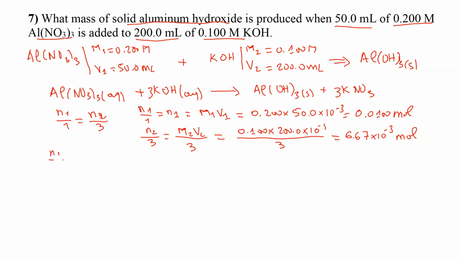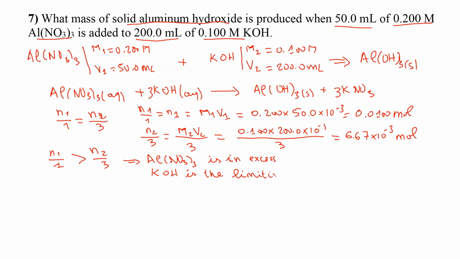So N1 over 1 is bigger than N2 over 3. This means that aluminum nitrate is in excess, and potassium hydroxide is the limiting reagent. So my number of mole will be determined by the number of mole of potassium hydroxide.